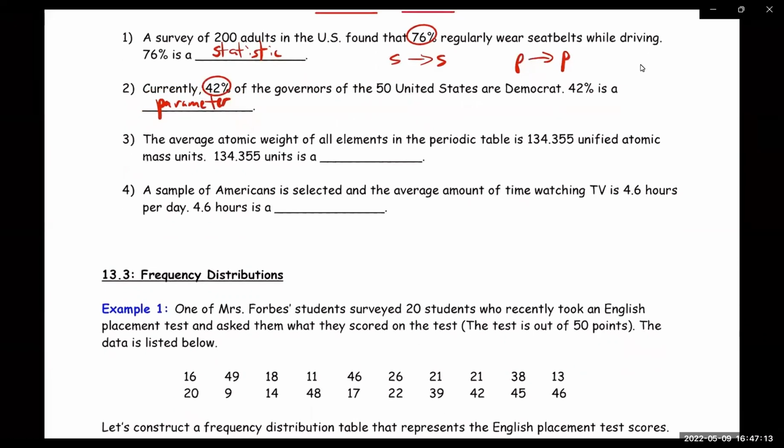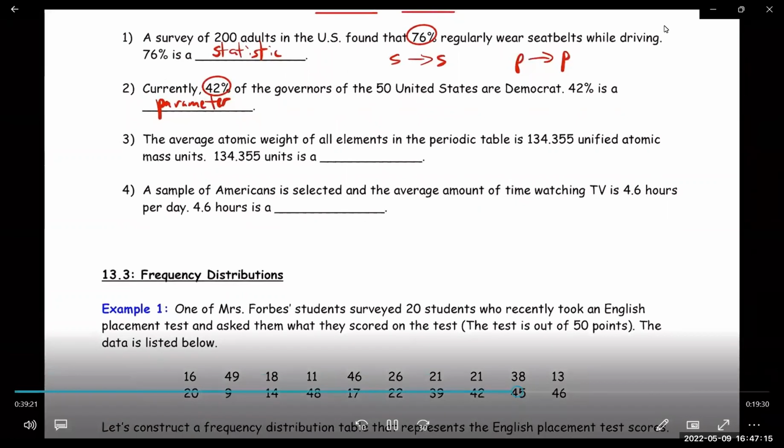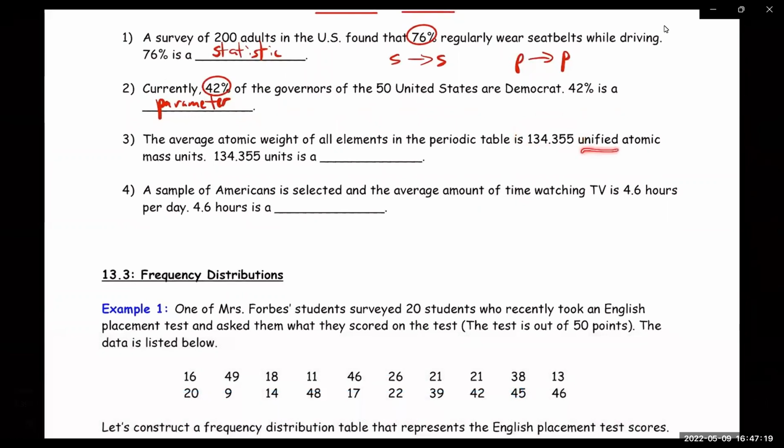The average atomic weight of all elements in the periodic table is 134.35 unified atomic mass units. Is that a parameter or a statistic? There's a keyword that you should look at here. All.